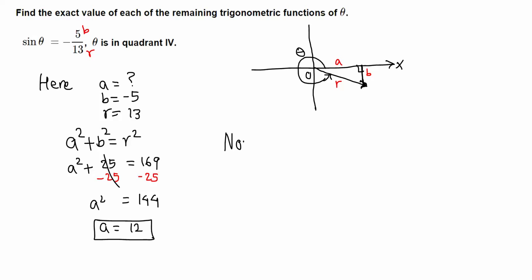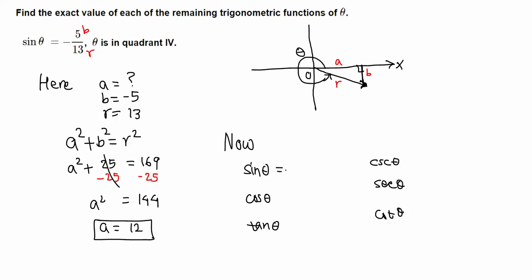Now we want to find all 6 trig functions. Though sine is given, I want to write all of them. So sine, cosine, tangent, and they have reciprocals: cosecant, secant, cotangent.